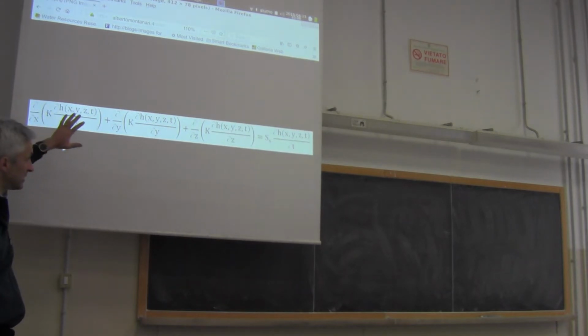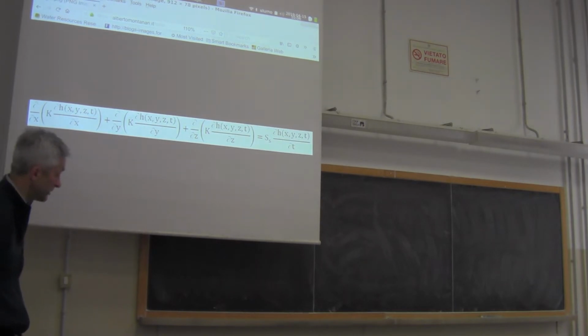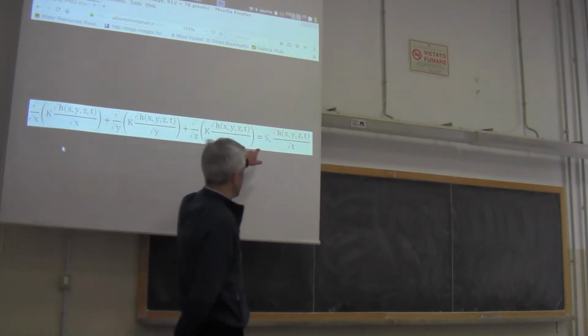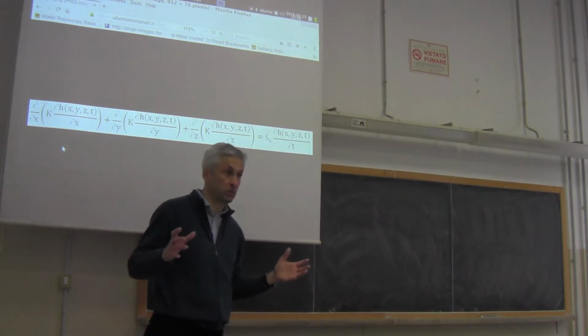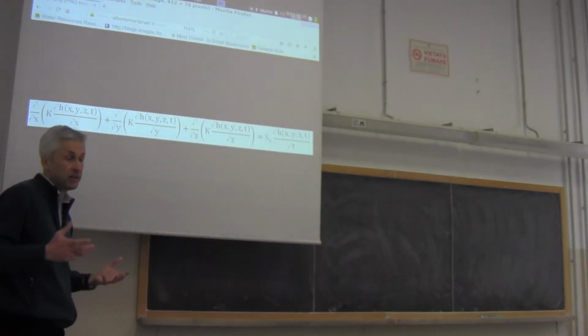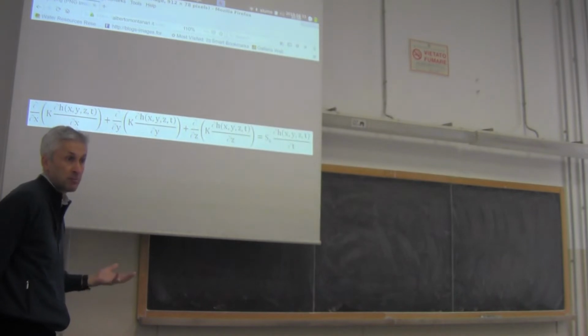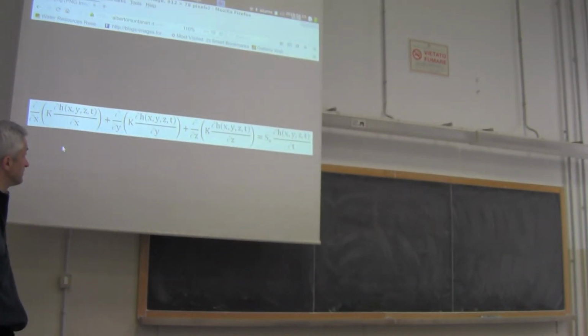But once the head is defined, if we want to compute the flow, no problem. We have previous expressions for the flow depending on head. There remains the term SS, which is a property of the aquifer that we have to define, again depending on the aquifer's properties.